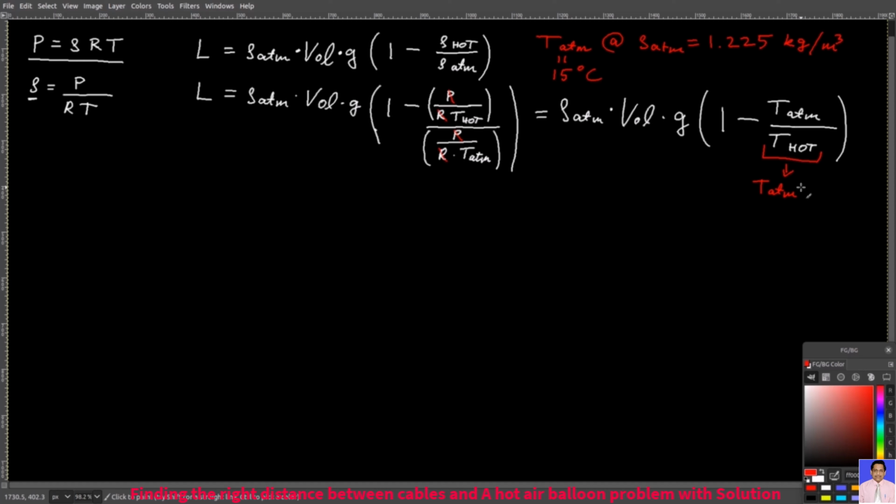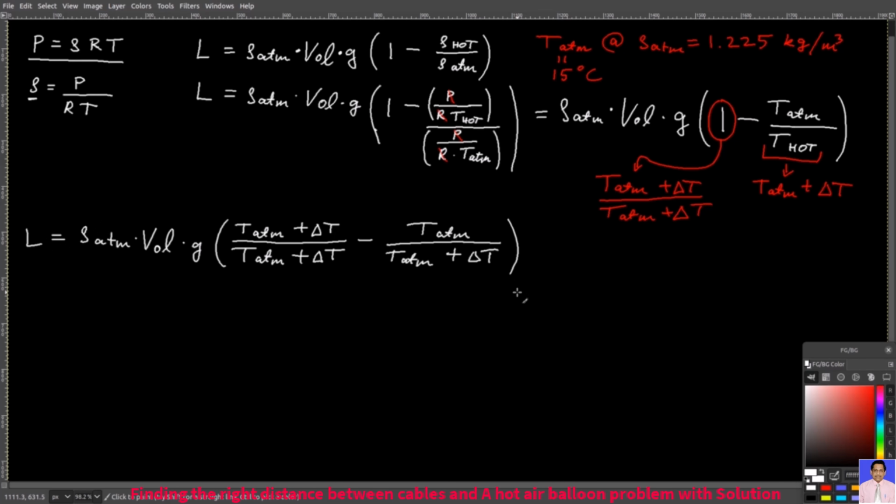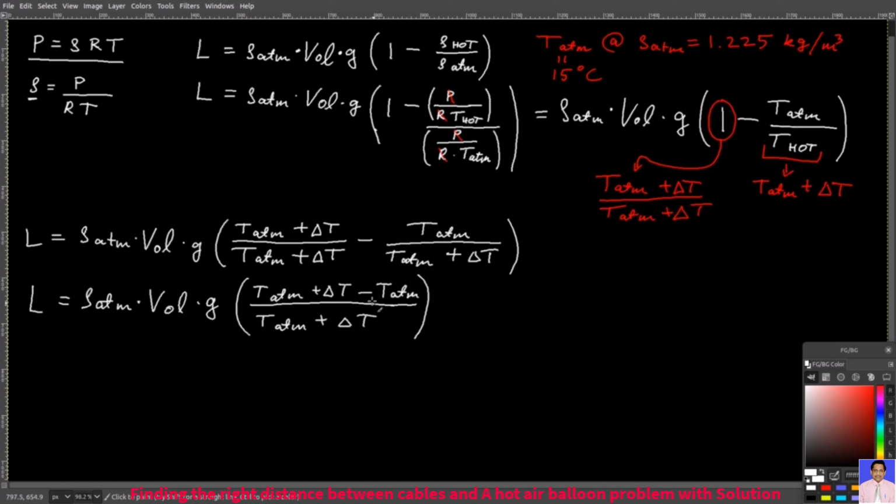And so this T hot can be rewritten like this, T ATM plus delta T. And now what I will do, I will take this one and write it out like this, T ATM plus delta T over T ATM plus delta T. And you agree that it's 1. So essentially, your lift equals this one here. And now, since I have a common denominator here, what I will have is this one here. And now I can get rid of this one and this one, plus T ATM minus T ATM.